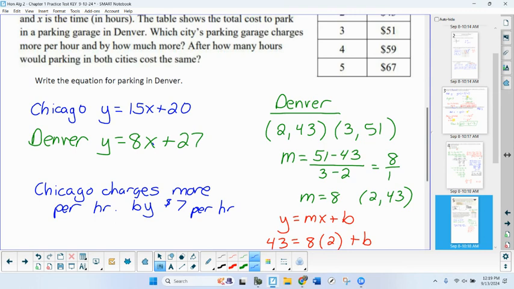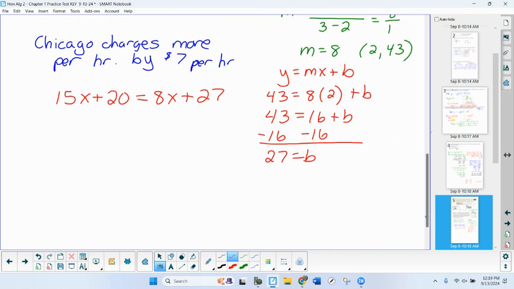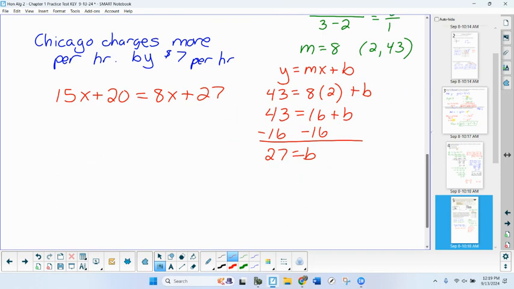Now, after how many hours are the costs the same? What do you do to figure out when the costs are the same? Mitch, set them equal. Yeah, set them equal: 15x plus 20 equals 8x plus 27. Guys, do you remember when we did this? You even had one in your homework like this. Look it up. Don't get lazy.